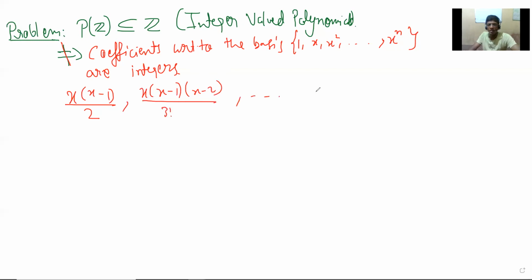In general, maybe let's write n plus 1 of them. Just for completion purposes, I'm writing these two, though these two are not examples. This will be a standard way to do things.